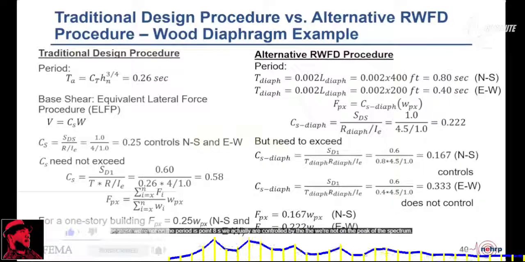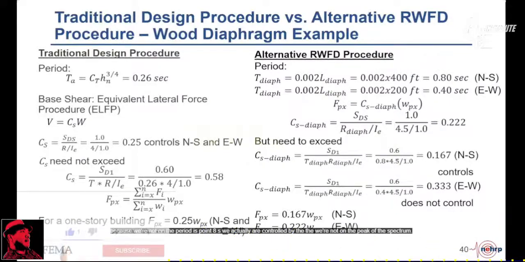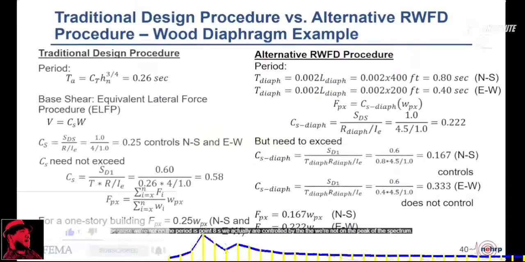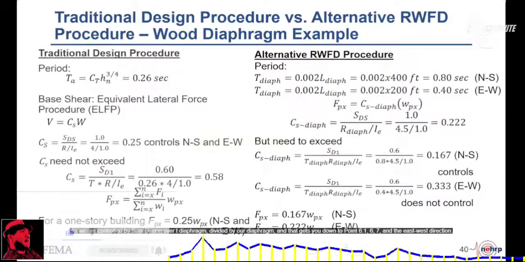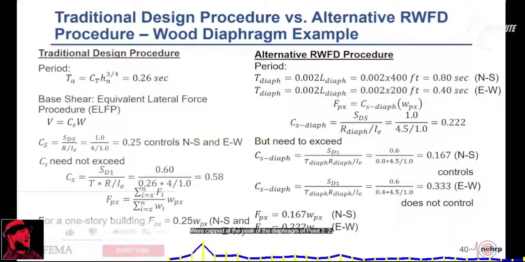But because the period is 0.8 seconds, we're not on the peak of the spectrum, so we are controlled by S_D1 over T diaphragm divided by R diaphragm, and that gets you down to 0.167. In the east-west direction, we're capped at the peak of the diaphragm of 0.222.